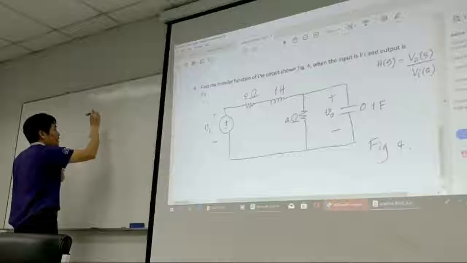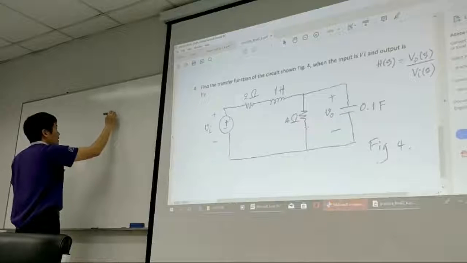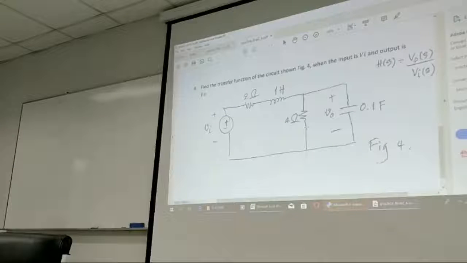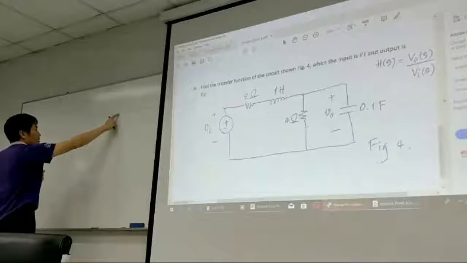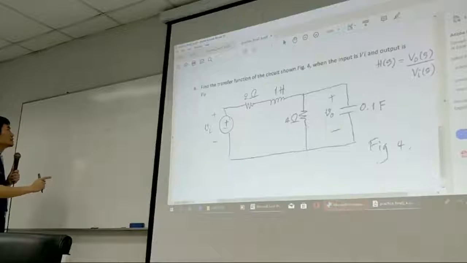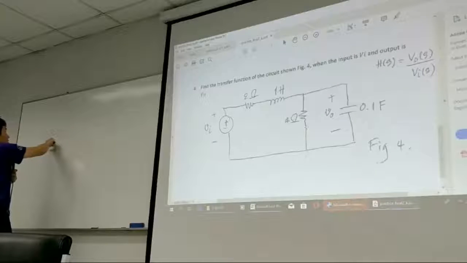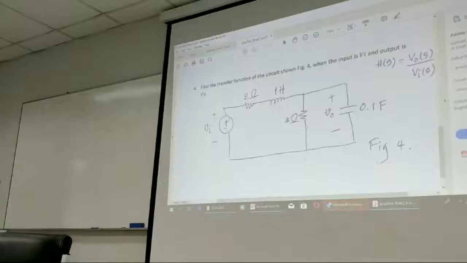So you specify the current flow anyway, any directions that you want. If you do it this way, current flow in equals current flow out. The trick is you just have to have one equation with V input and V output in the equation. That's it.